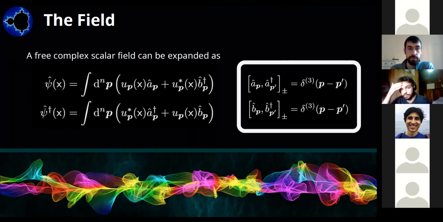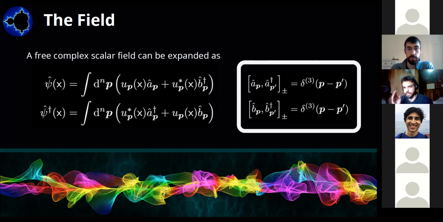So we'll consider the field to be a complex scalar field here, right? So it can be decomposed in terms of the positive and negative frequency modes. But here notice that one of these modes is the conjugate of the other, unlike in the Dirac case. And this will show up later, okay? And also, I will not impose either commutation or anti-commutation relations.